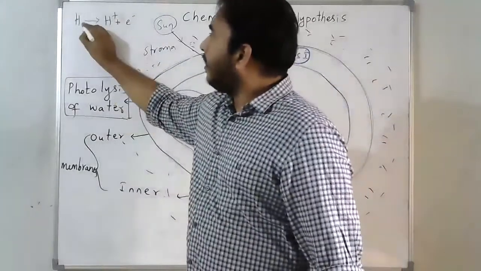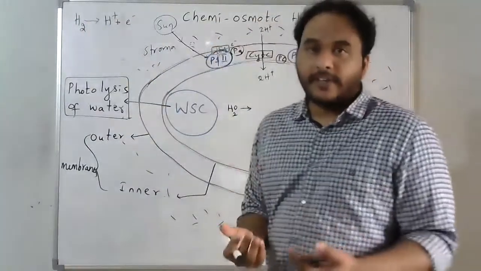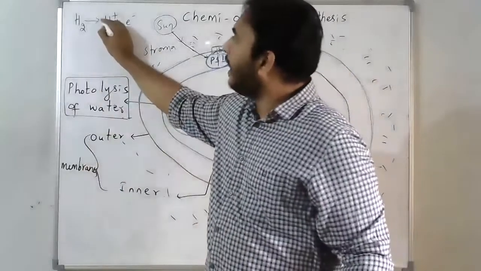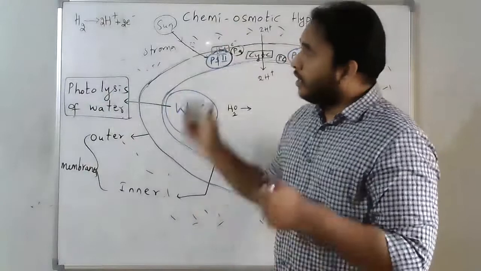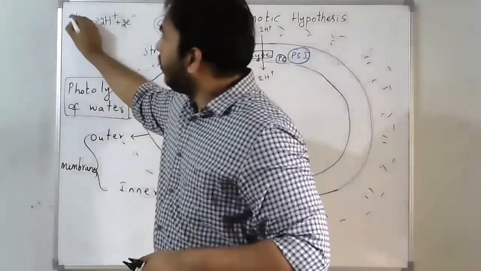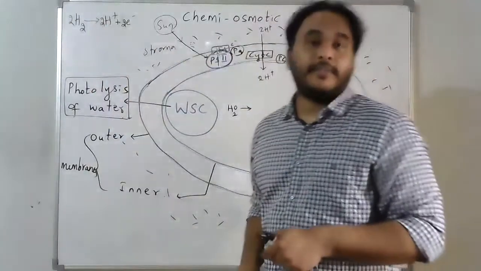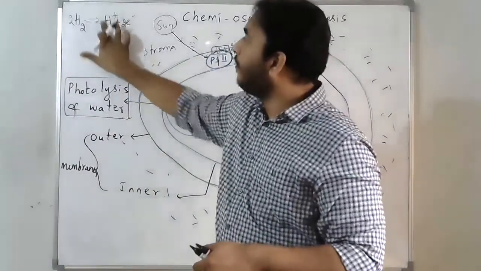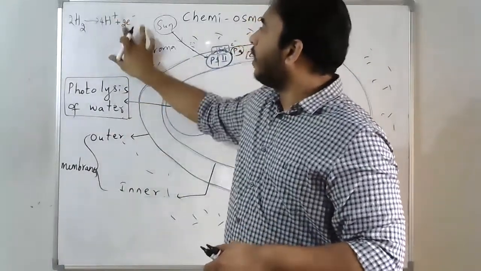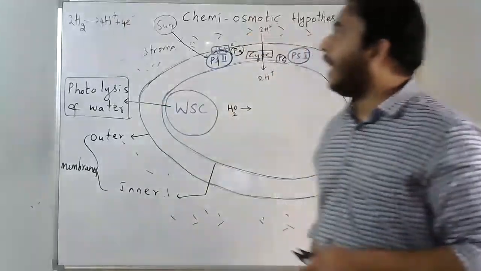Let's say this is a hydrogen molecule. If it is a hydrogen molecule, we will get 2 protons and 2 electrons. Suppose 2 hydrogen molecules dissociate, we will get 4 protons and 4 electrons.